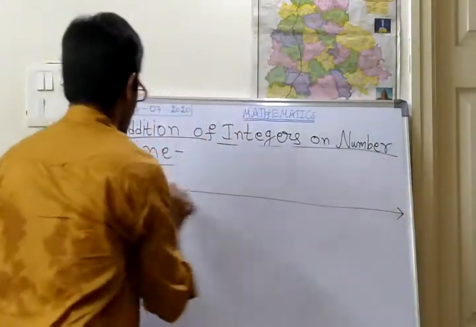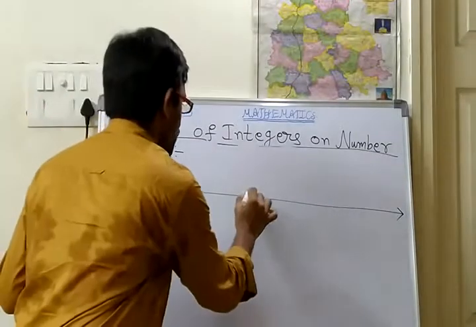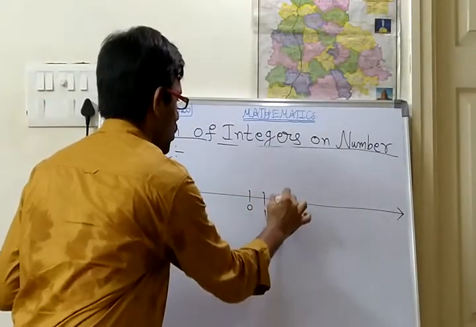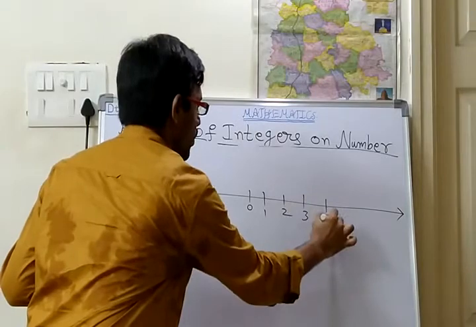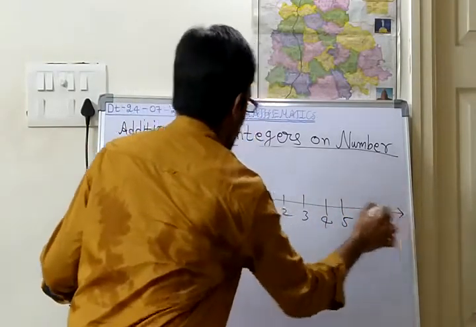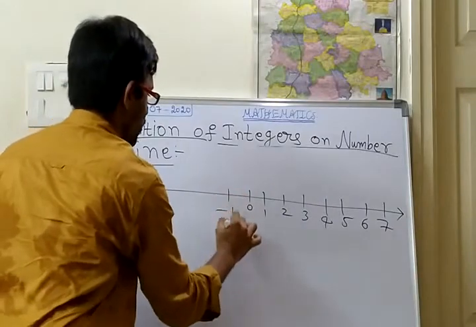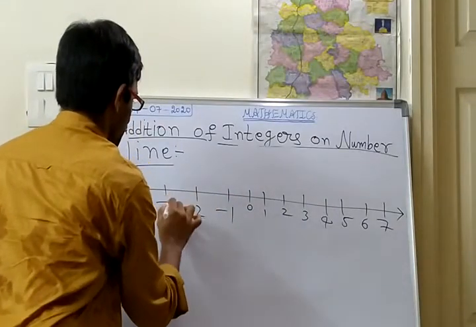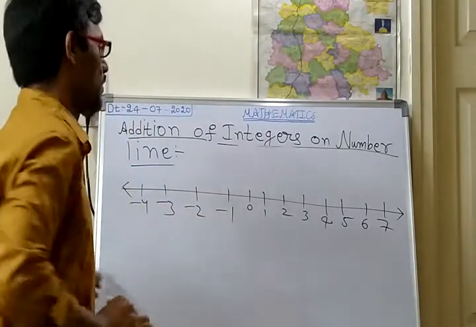I am drawing a number line here. 0, 1, 2, 3, 4, 5, 6, 7. Next here minus 1, minus 2, minus 3, minus 4.